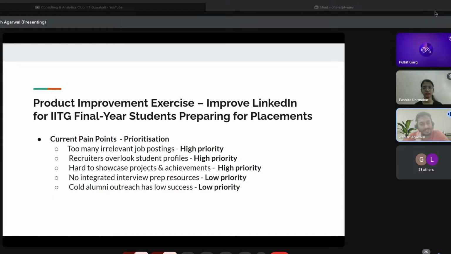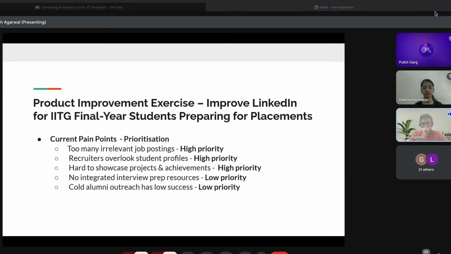So how can we make this better? What I have done is take the pain points that I identified and break them into high priority and low priority, just to define the quickest solution that we can go ahead with.